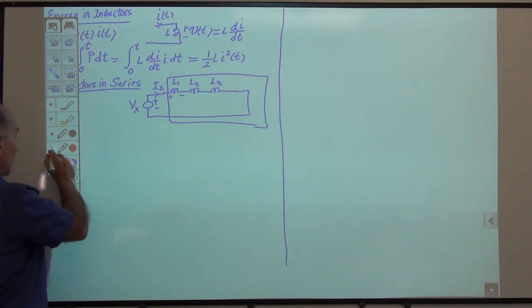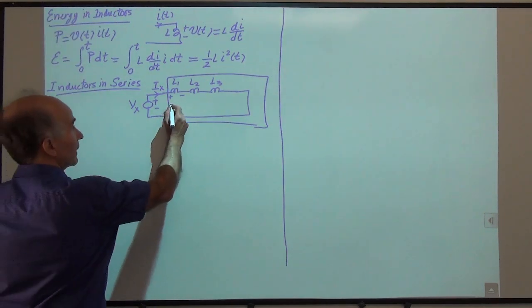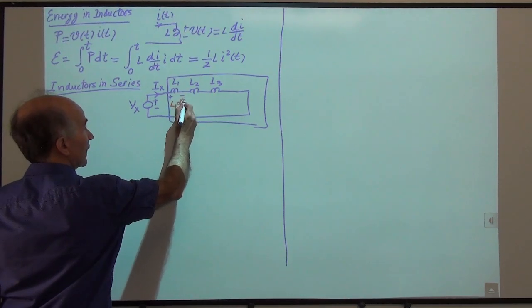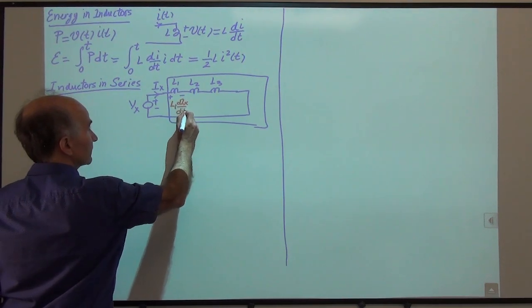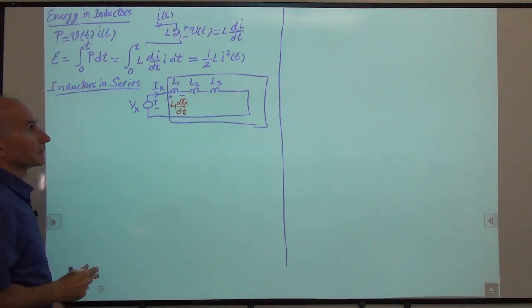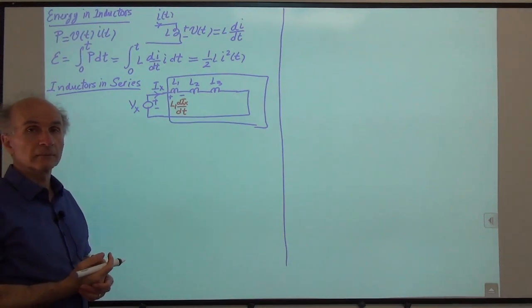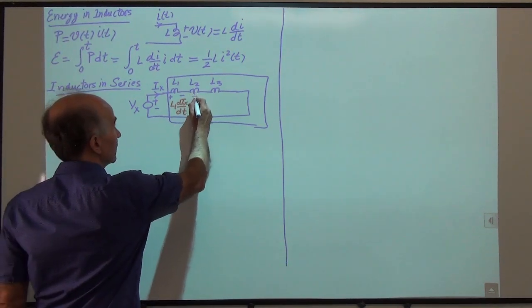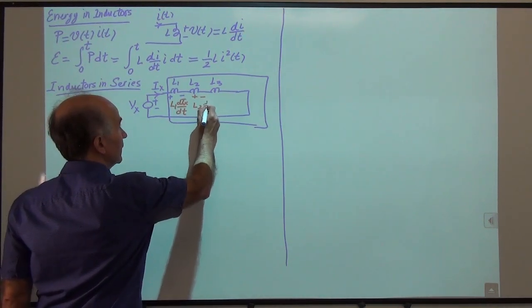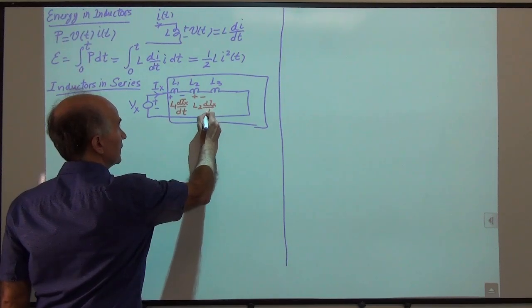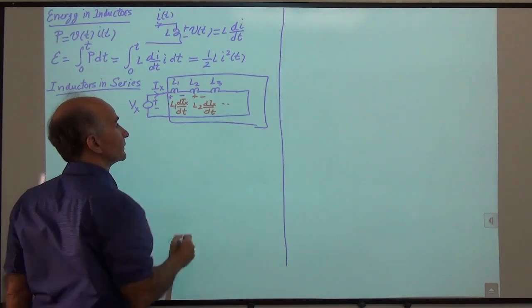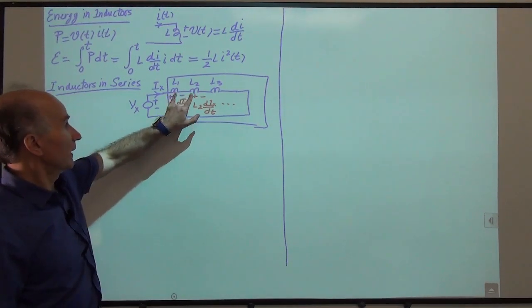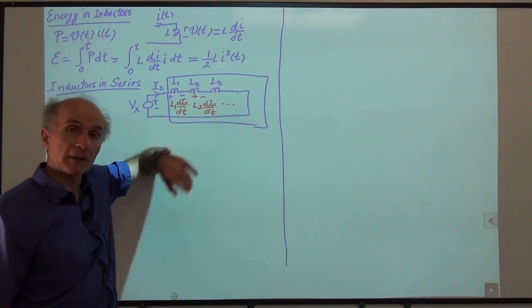So the voltage across L1 is L1 dIx over dt. How about the voltage across L2? Same thing, right? So here we have L2 dIx over dt and so on, right?